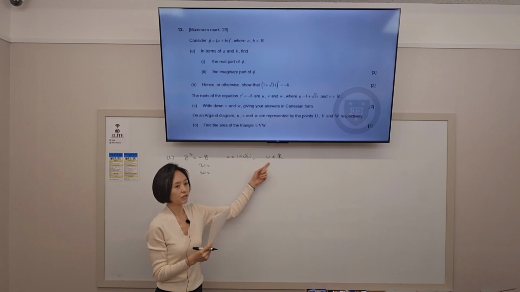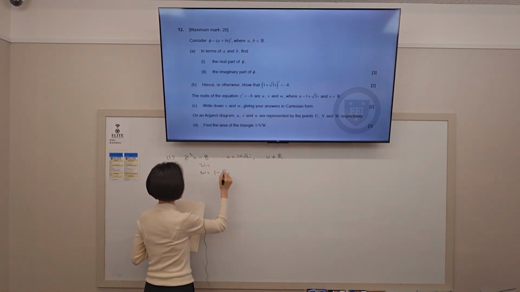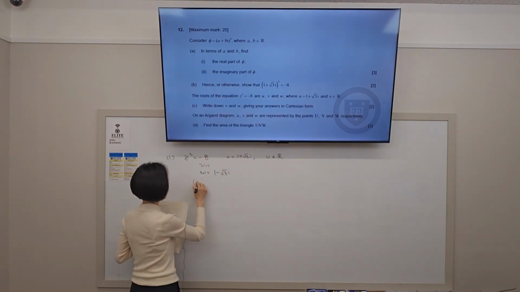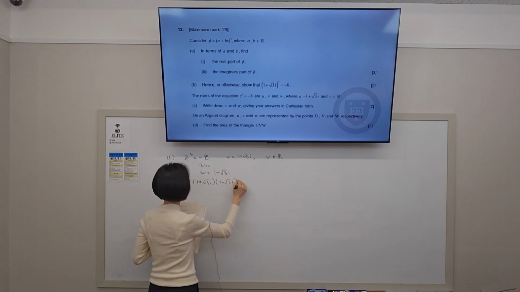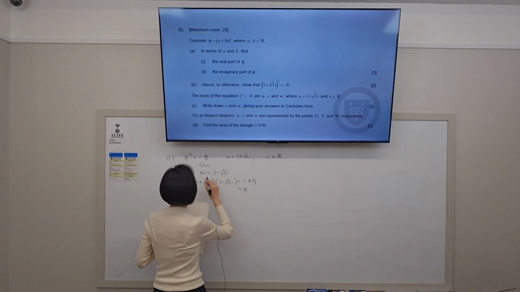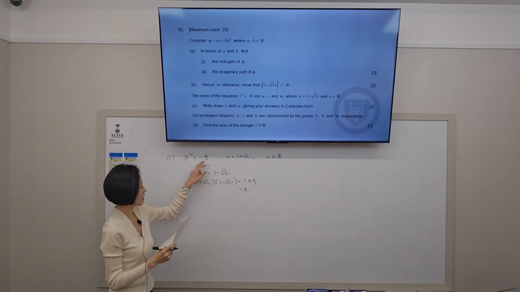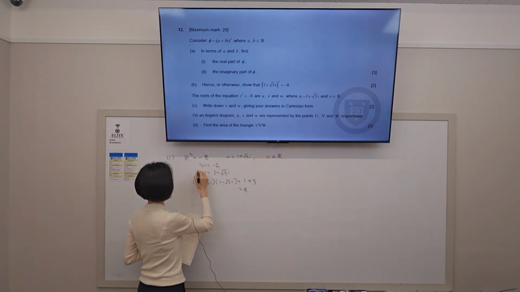But v is a real number, so w has to be 1 minus root 3i. If you multiply 1 plus root 3i and 1 minus root 3i, that gives us 1 plus 3, which is 4. Then to get negative 8, v has to be negative 2. So that's the answer.